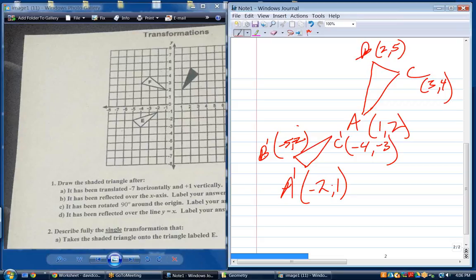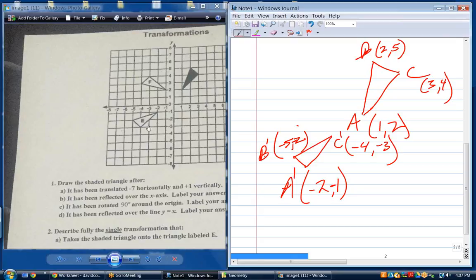In fact, A prime is all minuses. So we do two things. We switch the numbers and we switch the signs. That's all we did. Oh! It's a reflection over the negative x. You're right. Absolutely. If I draw the y equal negative x and reflect over that, that's exactly what I get.